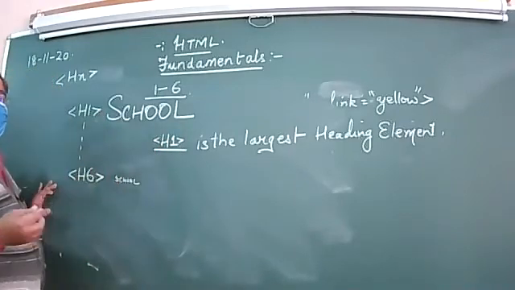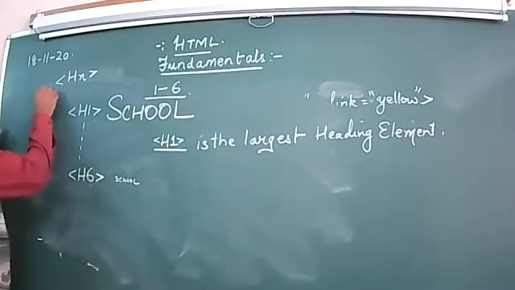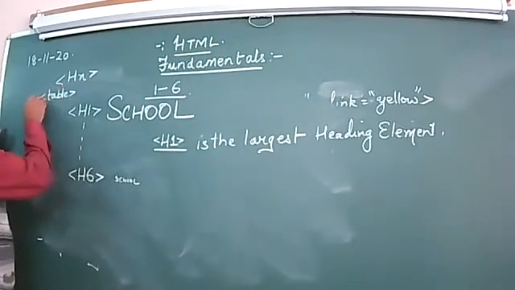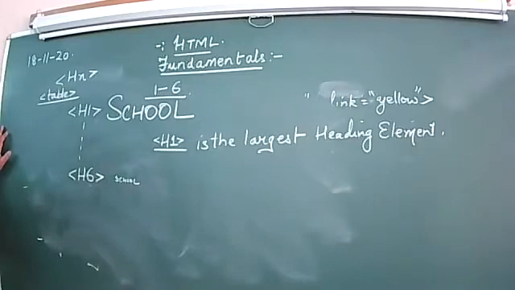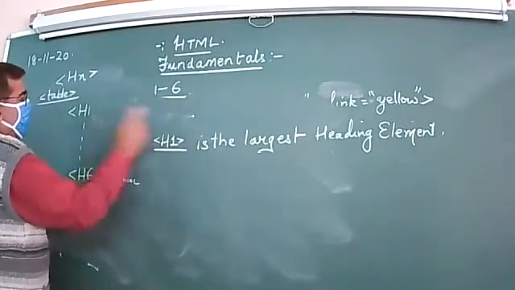Suppose you get a definition, define cell spacing. Cell spacing is an attribute of table tag. Then also you have to write table within the angle brackets. Right? Clear?